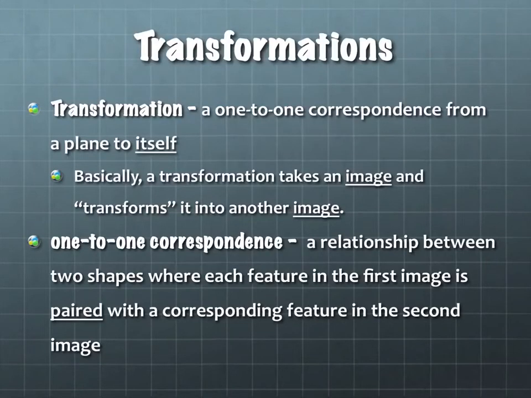So to start with, we're going to define what a transformation is. A transformation is a one-to-one correspondence from a plane to itself. Basically, a transformation takes an image and transforms it into another image.